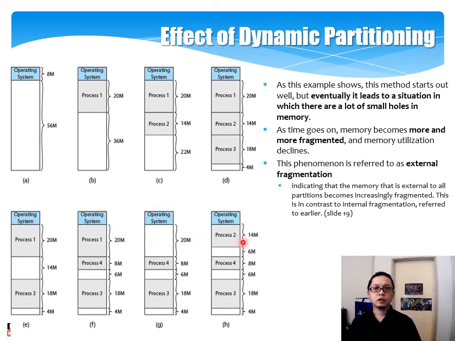So the number of active processes that can actually use these external fragments becomes less and less, and the OS needs to constantly ask the CPU to do compaction to enable the available memory blocks to be added together and be available for another process.